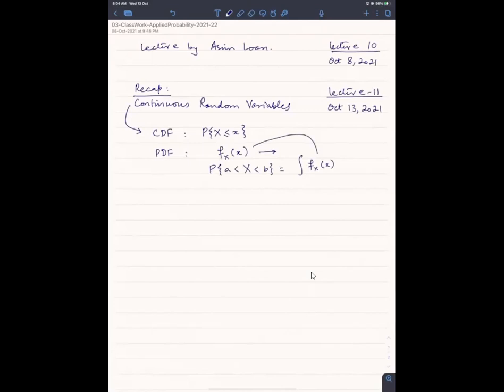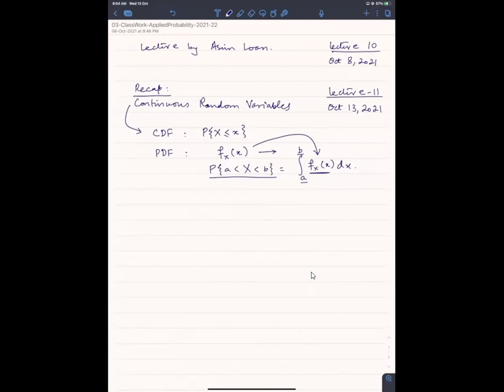The definition of the density function is such that it is a function which integrated from A to B for any value of A and B gives you the probability that the random variable takes the value between A and B. This is the definition of the probability density function. कि probability density function को अगर A से B तक integrate कर देंगे तो आपके पास probability आ जाएगी that the random variable takes the value between A and B for any A and B. That's how we define the probability density function.